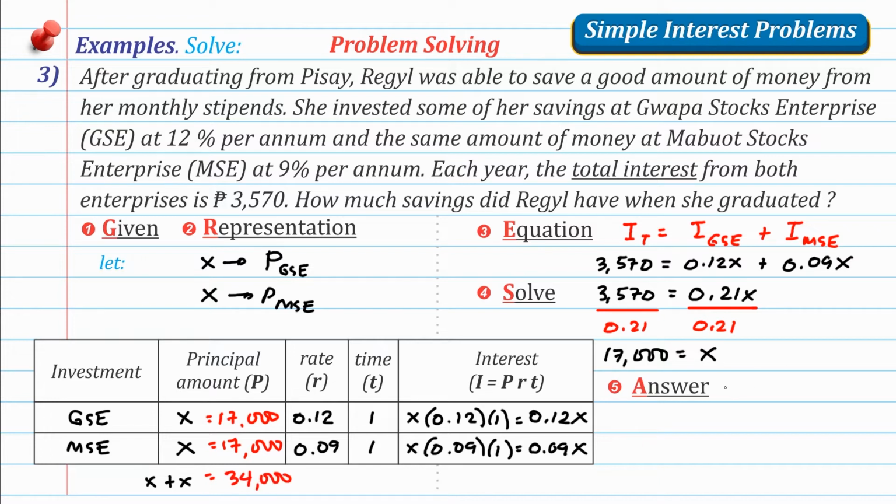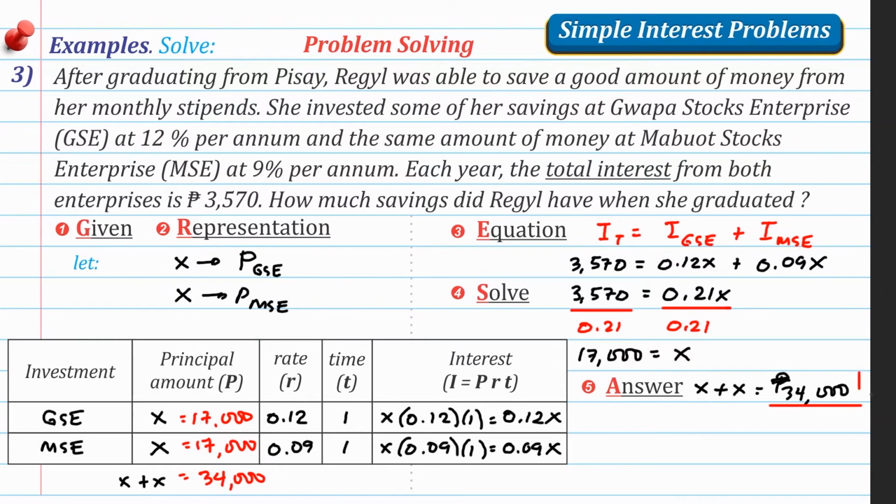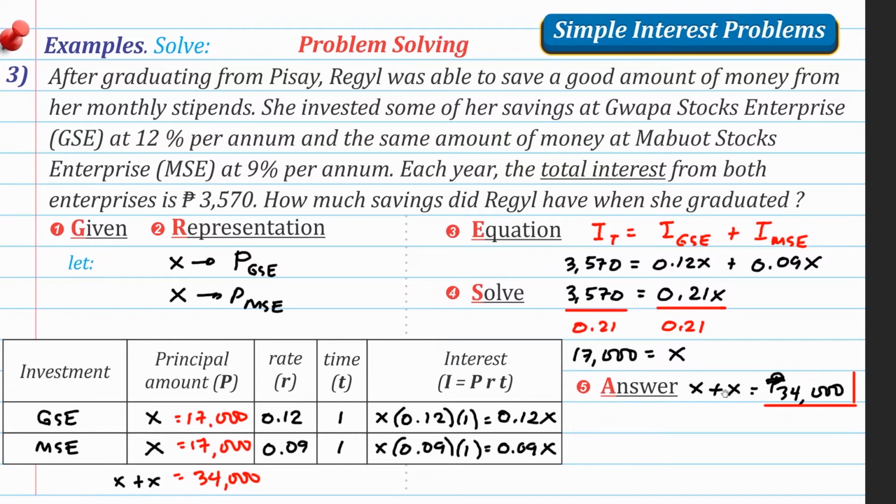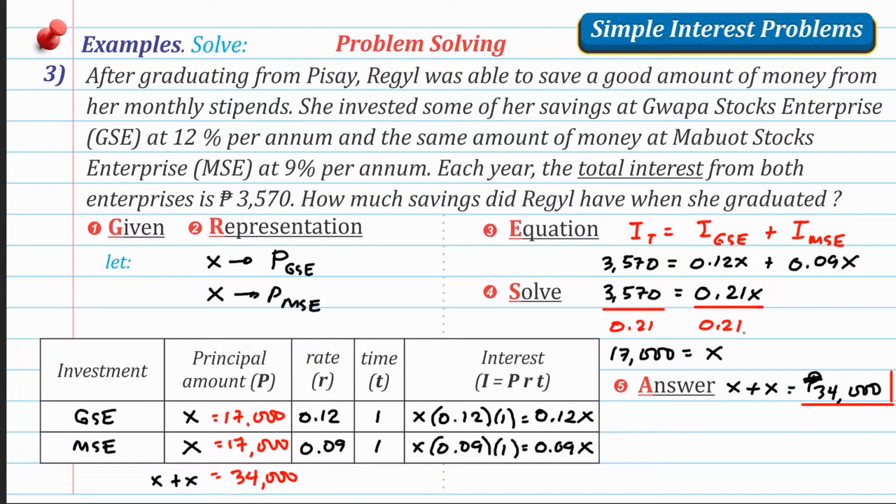So let me write here, X plus X, which is the total investment, is equal to 34,000 pesos. Don't forget the units. That's very important. That is our answer.